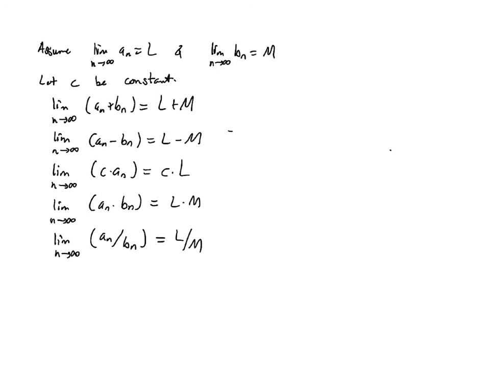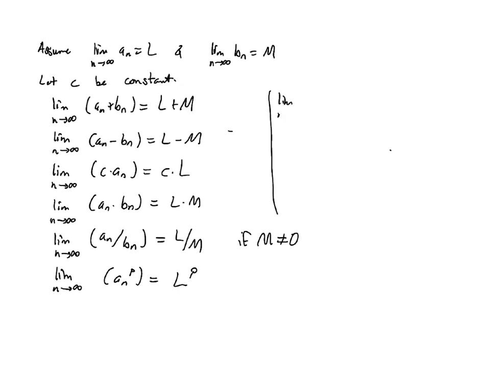Of course here we have to assume that the thing that we're dividing by, M, is non-zero. Notice that this makes it automatically so that the sequence a_n over b_n is defined at least for all but finitely many values of n. I can do pth powers, and I can also do powers. So let's do that over here.